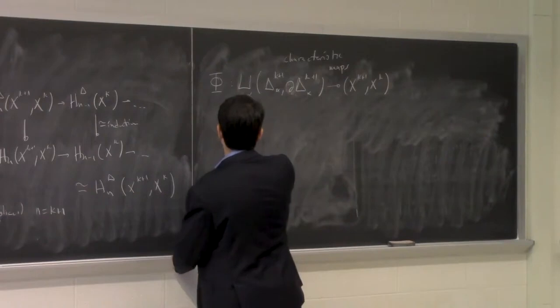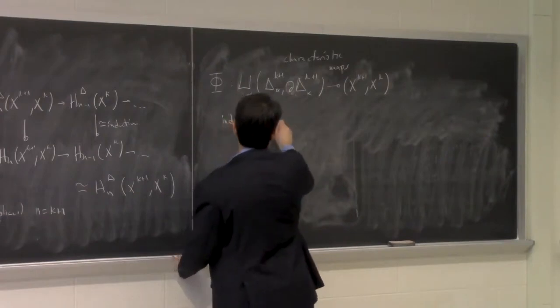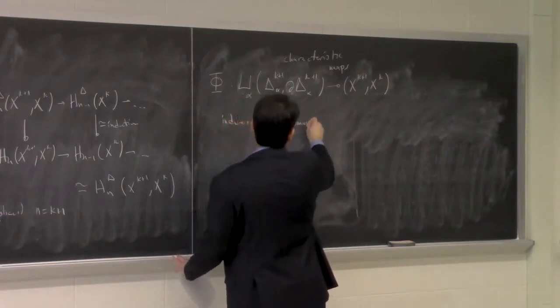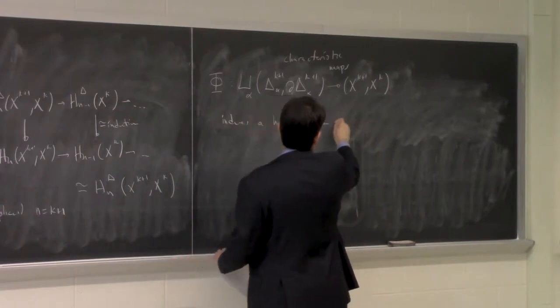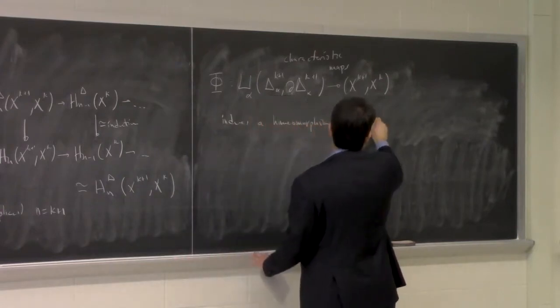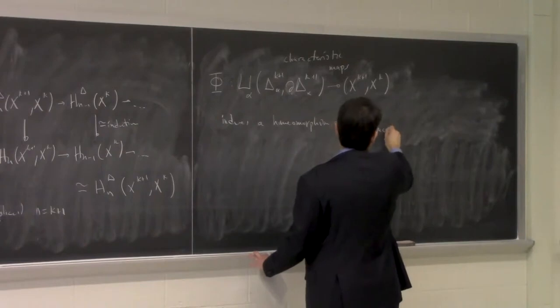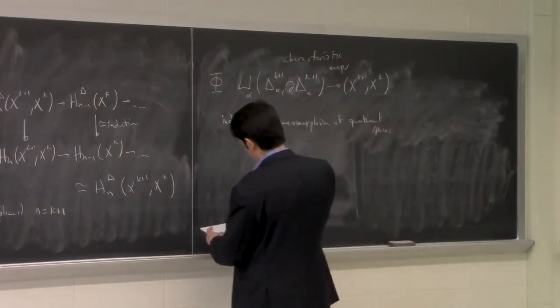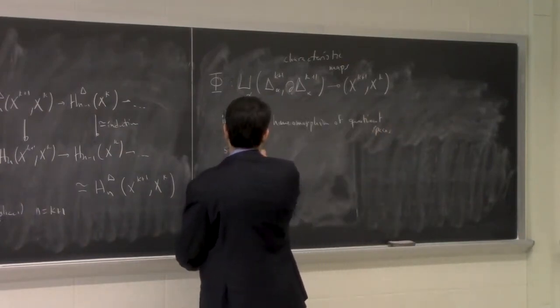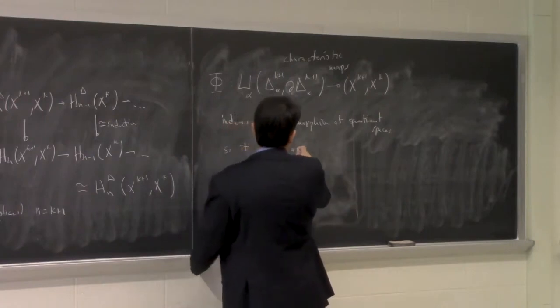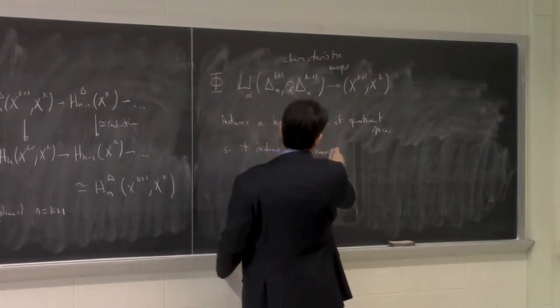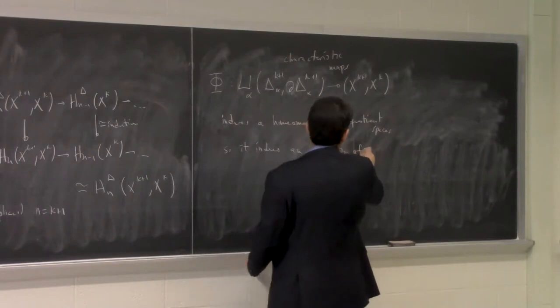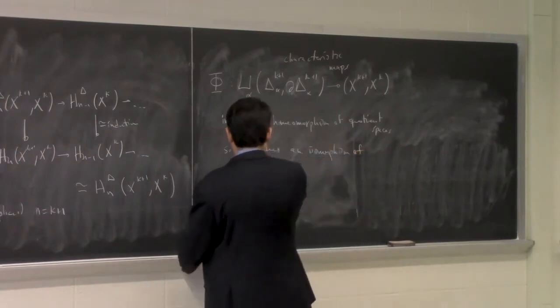So this induces a homeomorphism of quotient spaces, so it induces an isomorphism of singular homology groups.